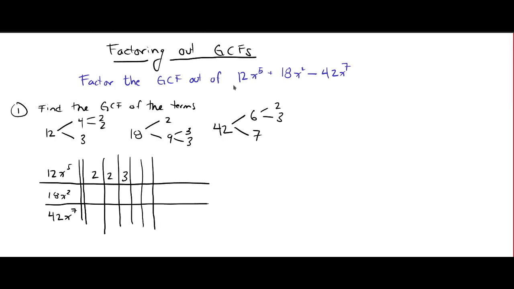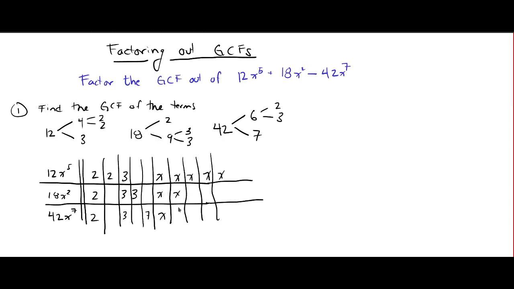But then we got x to the fifth, so 5 x's. 18x squared, so that's 2 times 3 times 3, and then x squared, so 2 x's, and 42x to the seventh, we've got 2, 3 times 7, and then 7 x's.